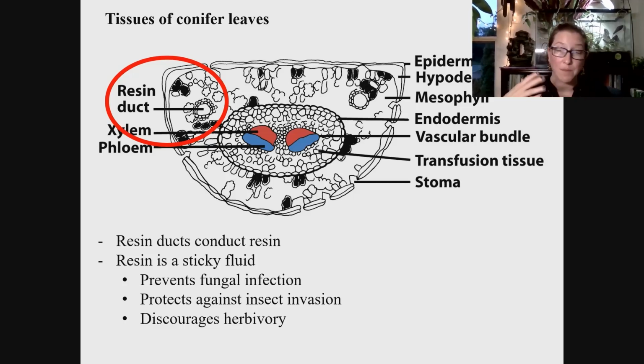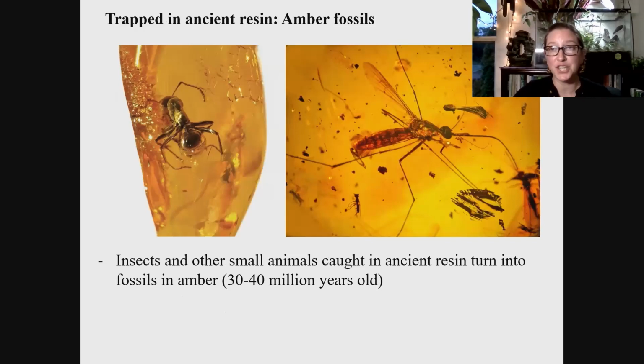And in addition to some people enjoying that smell, that resin also helps prevent the trees from being infected by fungus, and it makes insects not want to eat the tree because it doesn't taste good, which helps protect the trees. In addition, that resin is why we have these things called amber fossils.